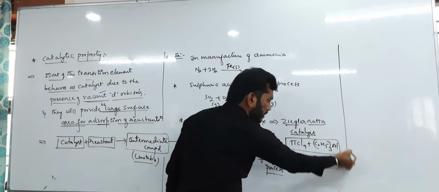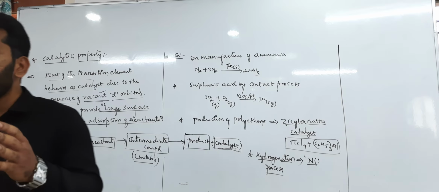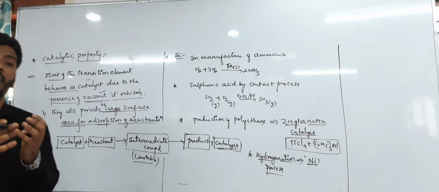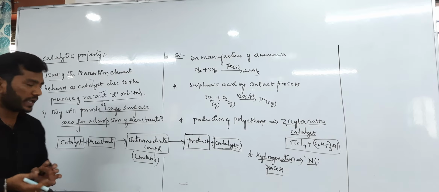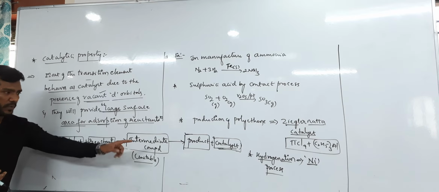So let us discuss one particular chemical reaction, in which a particular transition element behaves as a catalyst. So we have this particular mechanism now: catalyst, reactant, intermediate compound and product.